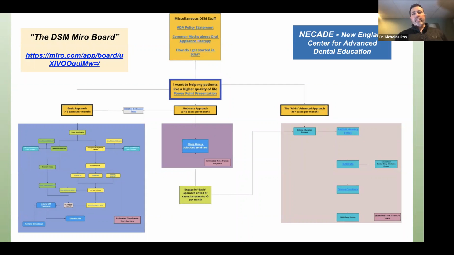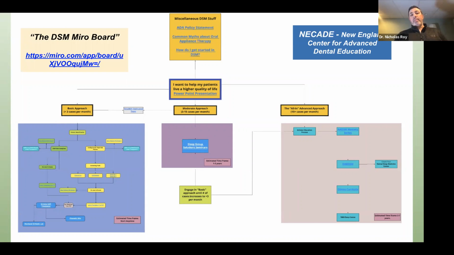This also dovetails with something called New England Center for Advanced Dental Education, which I'm part director for. This particular flowchart and the way we are hoping to teach different dental concepts could be found there. So if you want access to this Miro board, you can go there to find it. Just click on Miro boards and dental sleep medicine, and you'll have access to this.